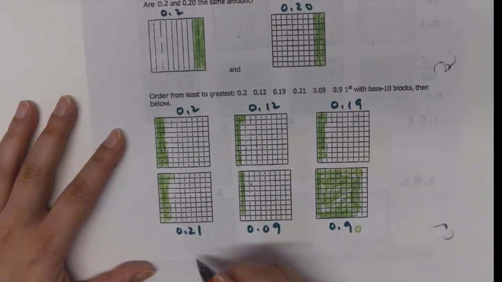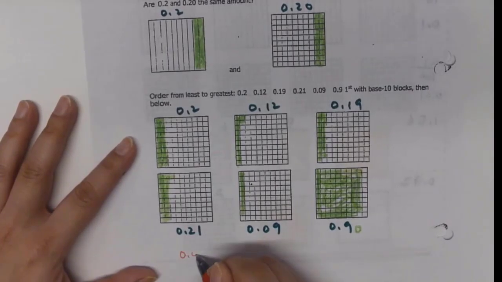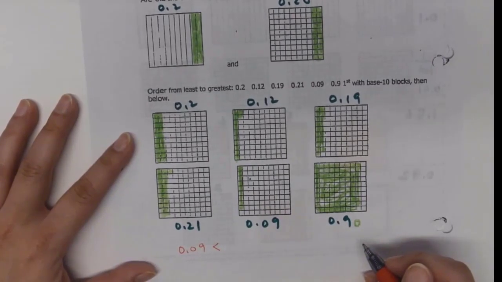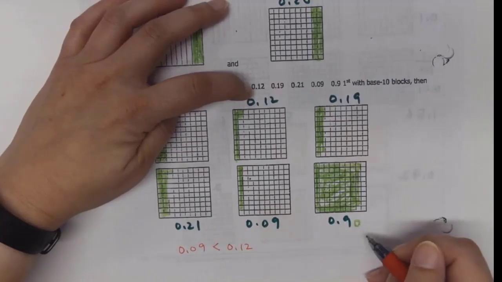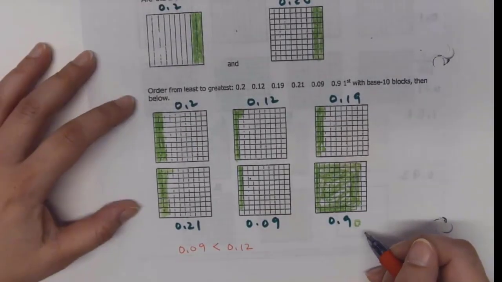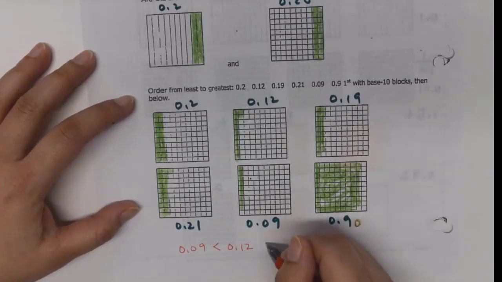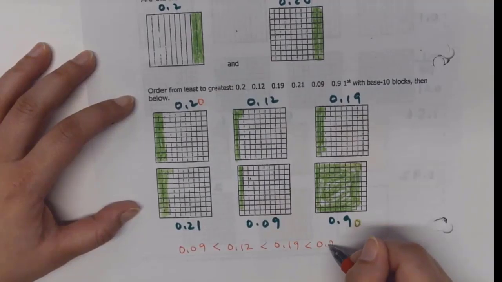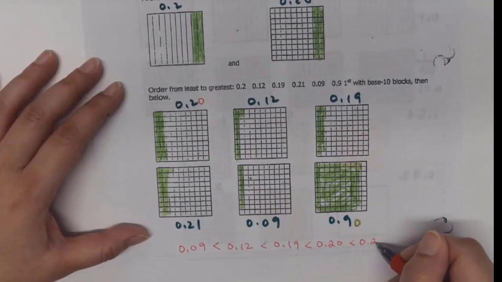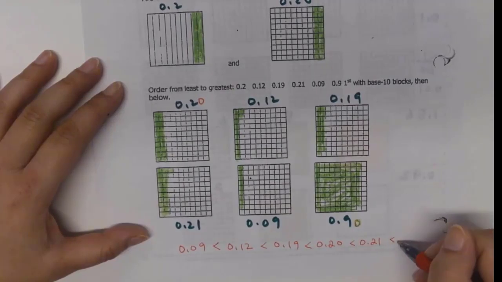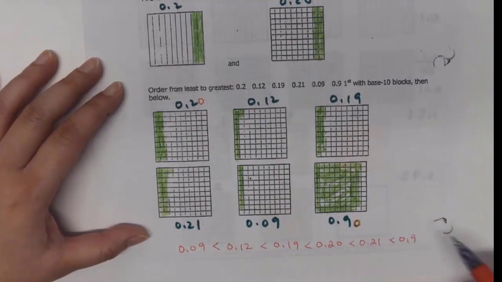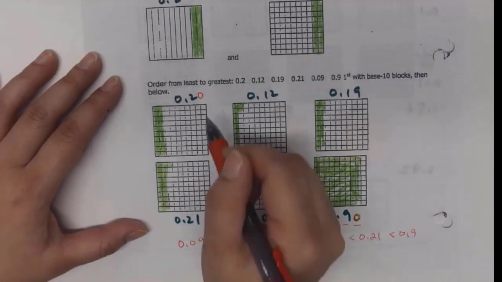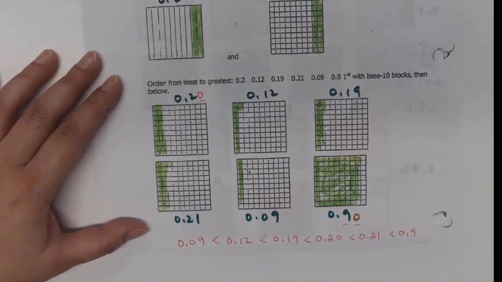It's the smallest. 0.09, only 9 units, is less than 0.12, so 12 units. And then the next one would be 19 units. This is like 20 units here. And then 21 units, 90 units. So if you have a hard time comparing them, make sure they have the same number of decimal places. That sometimes will help you to see how many units that actually is.